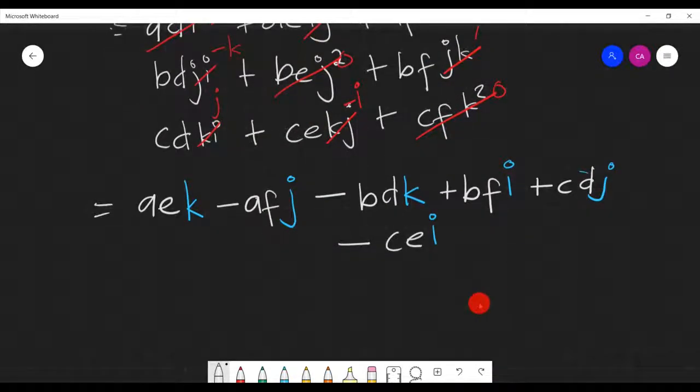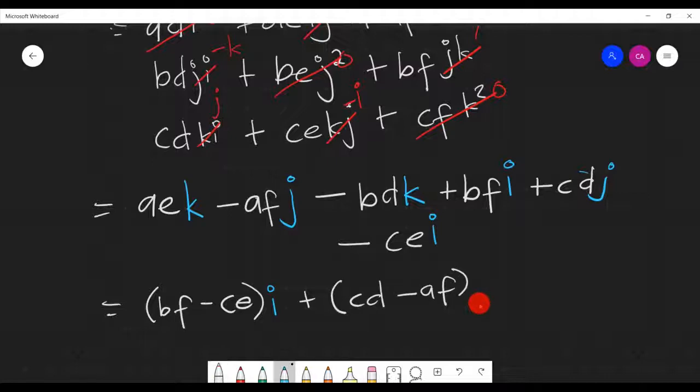Ngayon, pagsasama-samahin natin yung mga magkakapareho ng variable katulad ng BF minus CE i plus, sunod is CD minus AF j, then plus AE minus BD k.